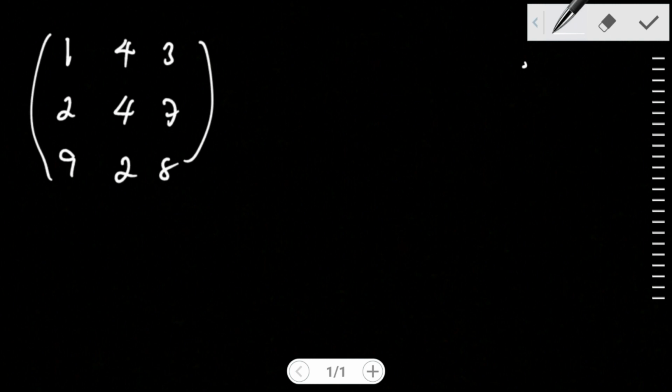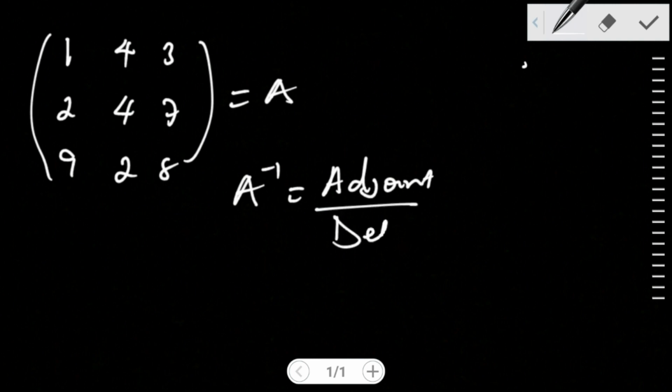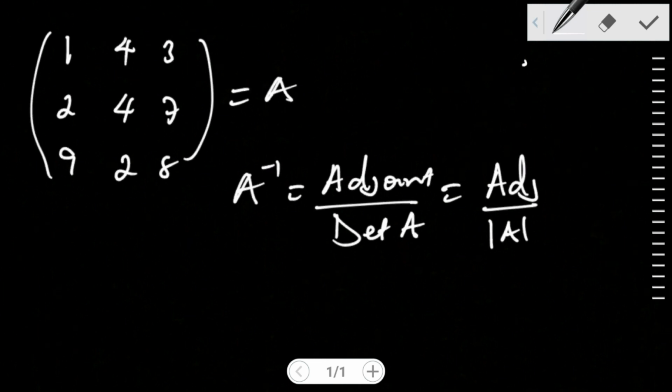Let's say this is equal to A, and therefore the inverse of A would be equal to the adjoint all over the determinant of A. So let's see how we can get the adjoint, to the point where we can get the inverse of A. First, let's get the determinant of A.